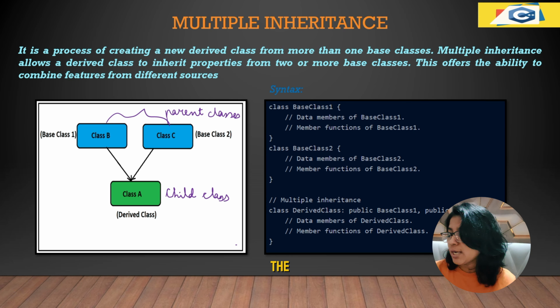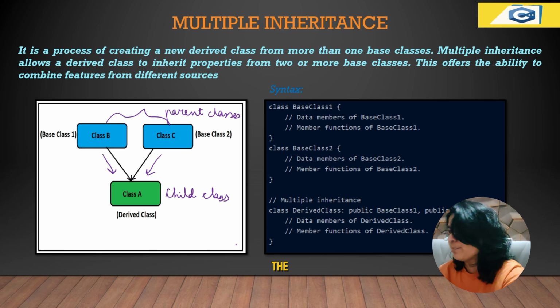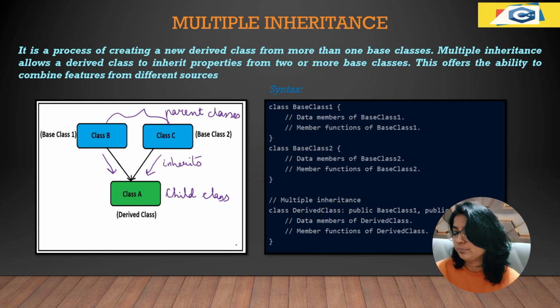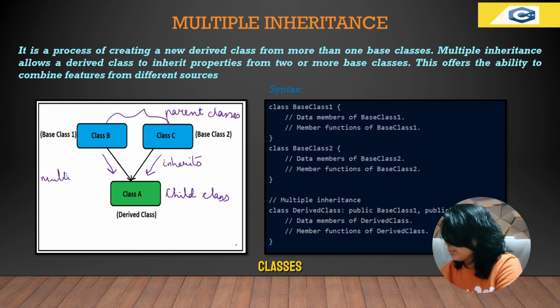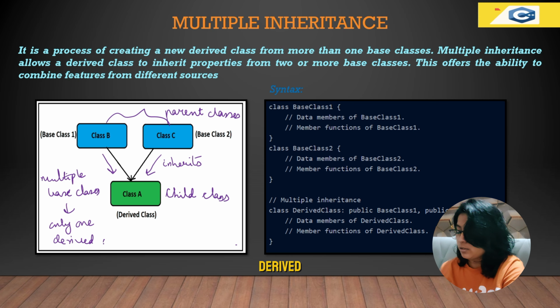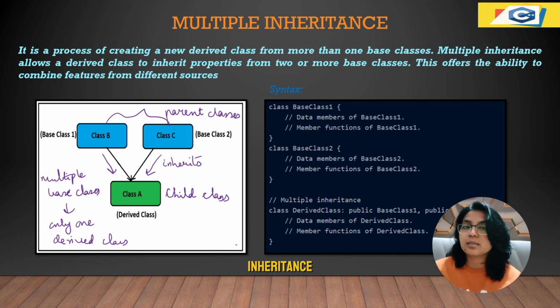The child class A will inherit the properties of the base classes into its own class, right? So just giving a gist, multiple base classes and only one derived class. That is what multiple inheritance is.